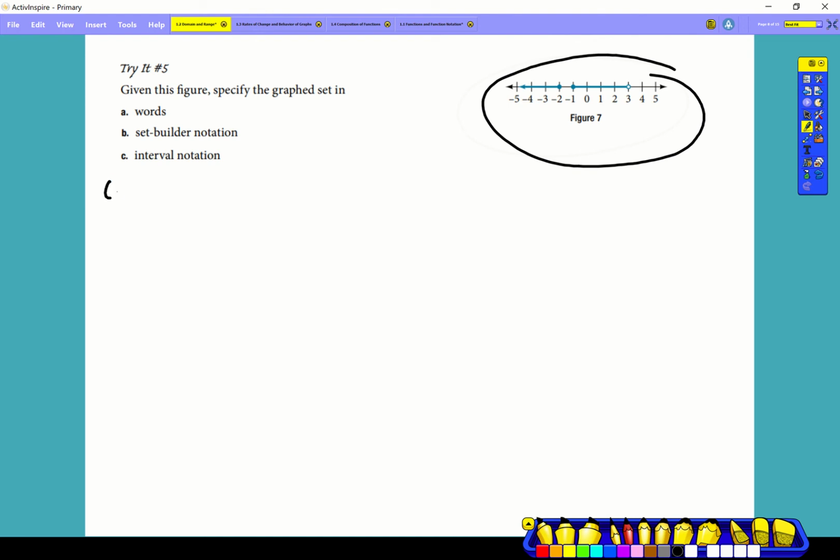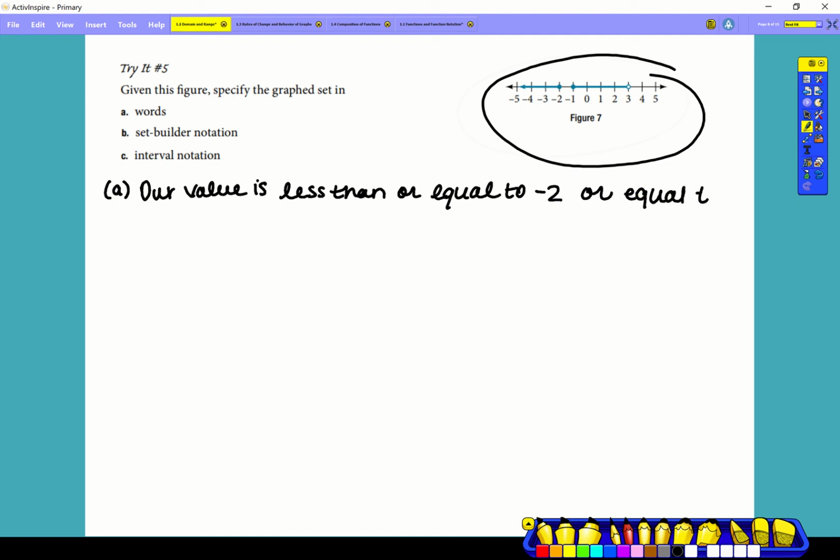So in words, this would be something like: our value is less than or equal to negative 2, or equal to 1 but less than 3. Notice we don't say that 3 is included.